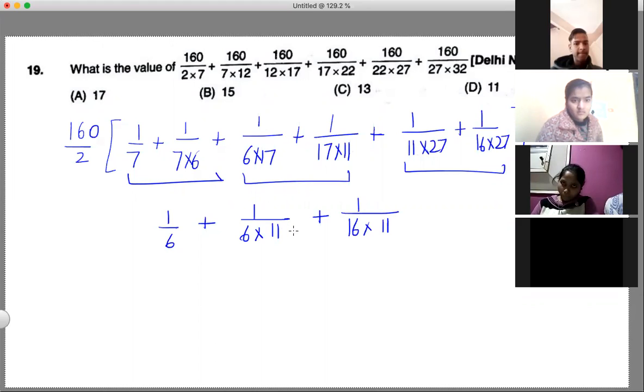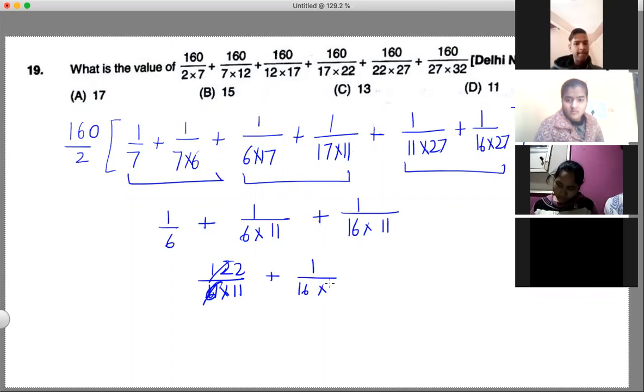Okay. Now what? We can add these. We will get 12 by 6 into 11. So 6 into 11, which will be 2 by 11, plus 1 by 16 into 11.